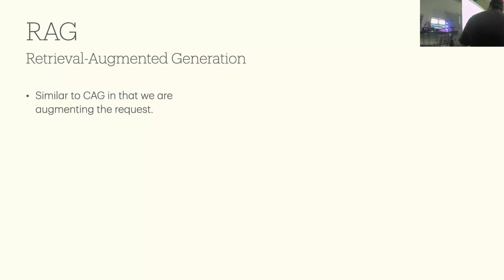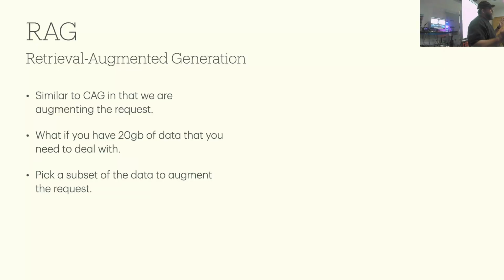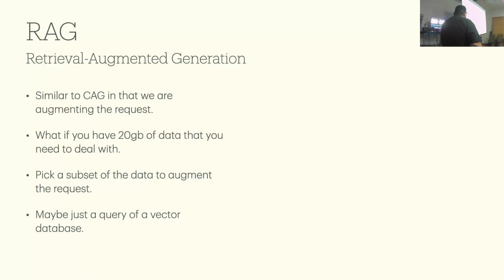It's similar to CAG in that we're augmenting the request. But what if you have 20 gigabytes of data that you might potentially want to augment the request with? You have to be able to retrieve a subset of that data. So how do we do that?